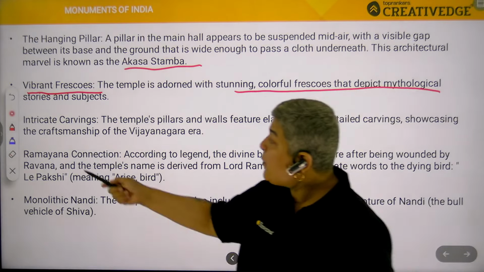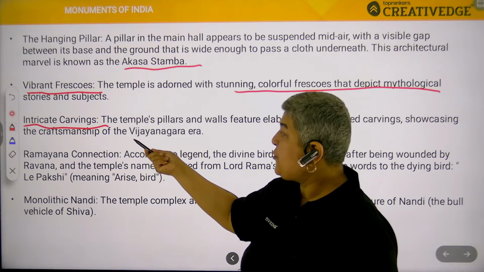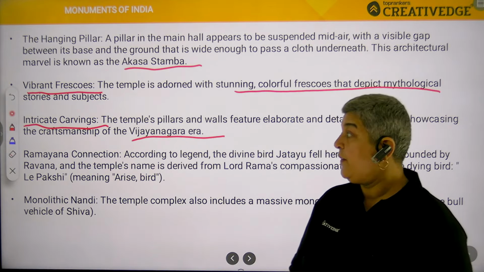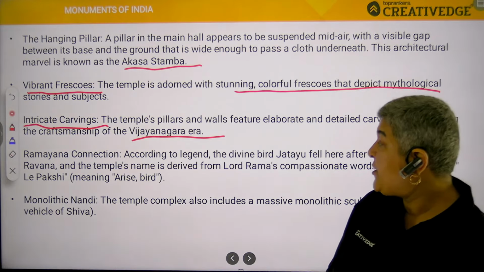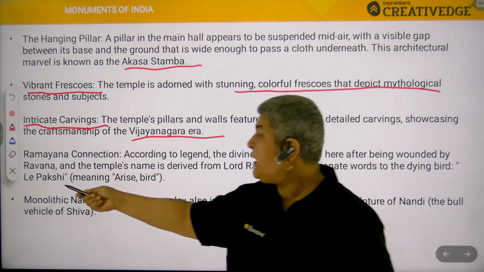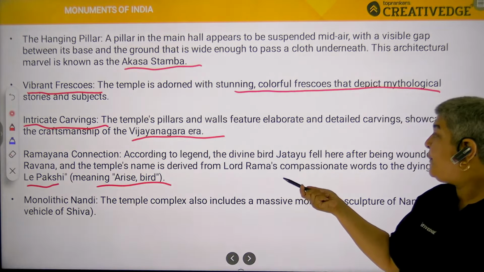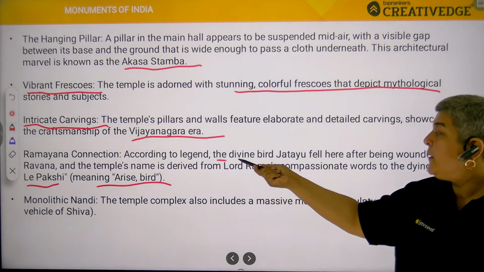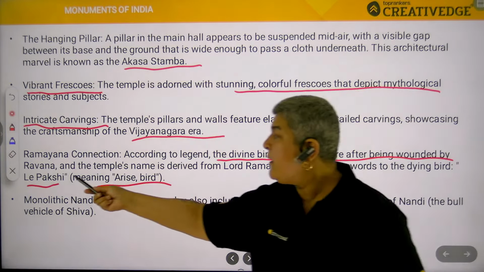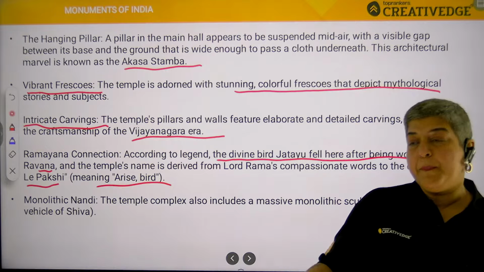Then you have intricate carvings on the walls which show the craftsmanship of the Vijayanagar era. Ramayana connection: Lipakshi means rise bird, and it is derived from when the divine bird Jatayu fell after being wounded by Ravana. Hence the name Lipakshi.